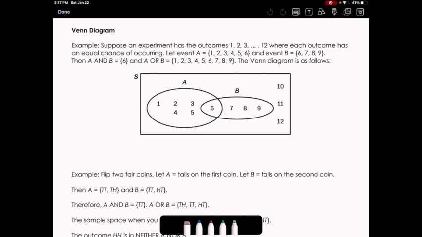All right, now let's look at Venn diagrams. Your Venn diagrams are basically pictures that represent the outcomes of the experiments that you have. They generally have a rectangle or a square that's labeled as S that represents your sample space.